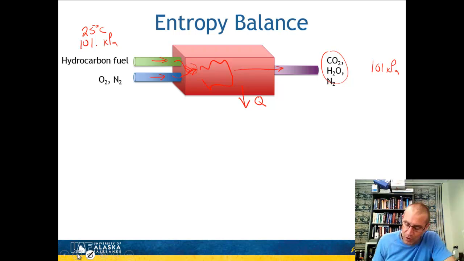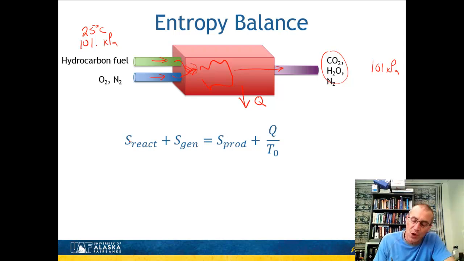So let's look at what our overall entropy balance looks like. We have our entropy going in, so this is the entropy of the reactants going in, and then we have the generation, and it generates both by mixing and by combusting, so both of those processes contribute to the S generation, and that's going to be equal to the products.